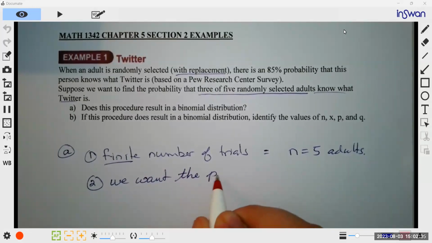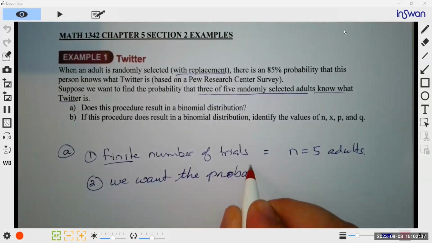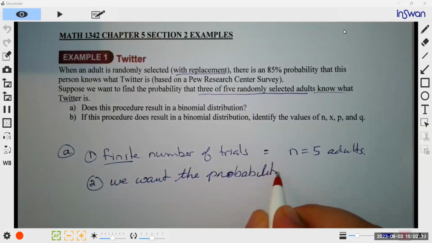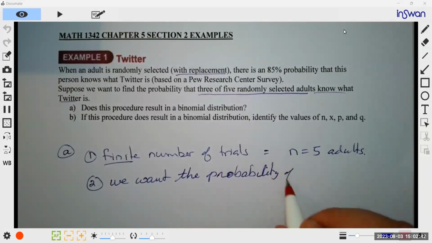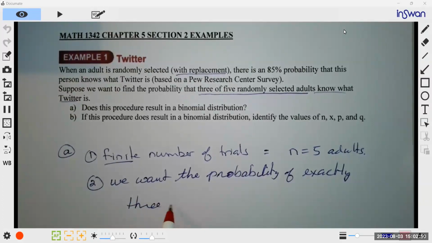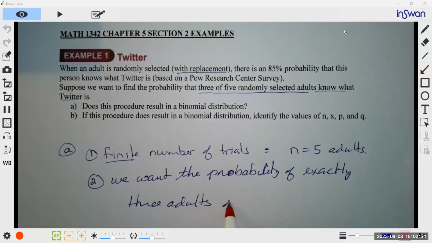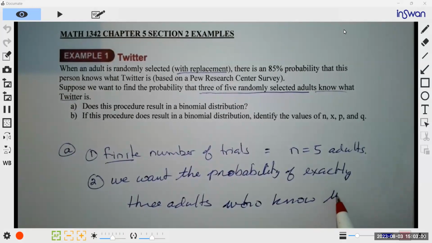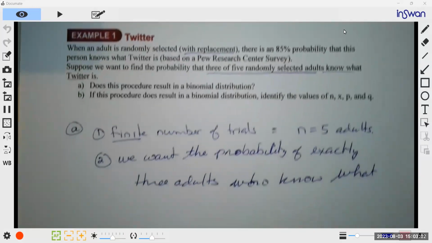We want the probability of exactly three adults who know what Twitter is.